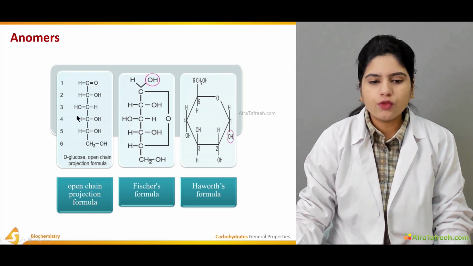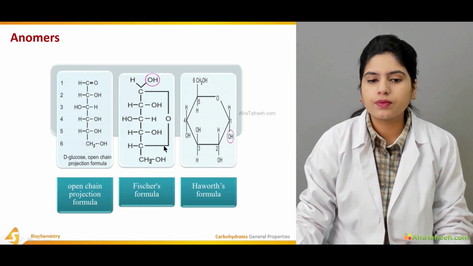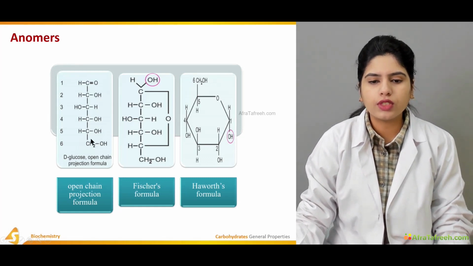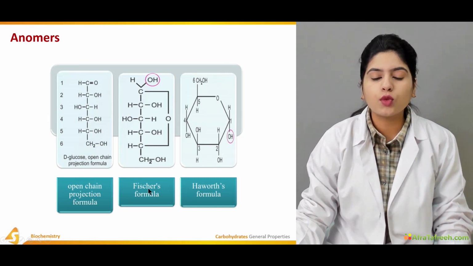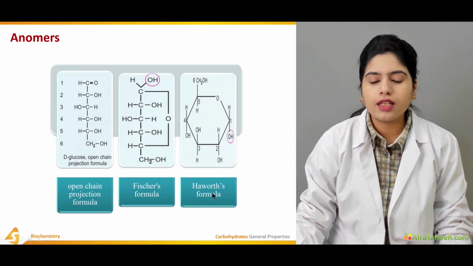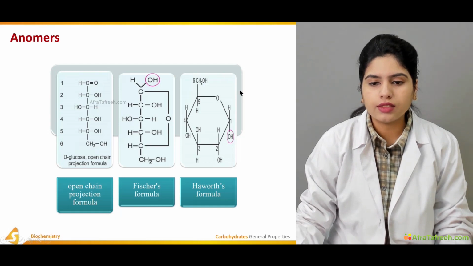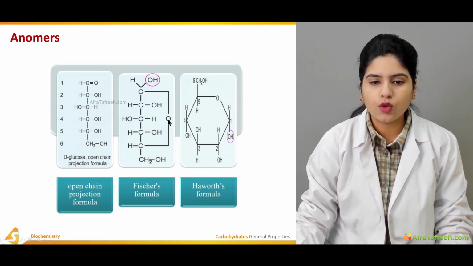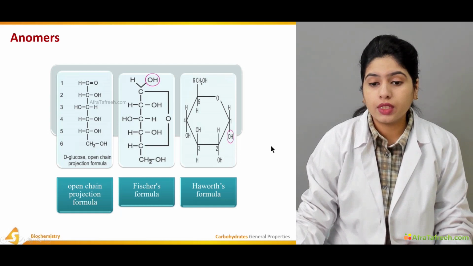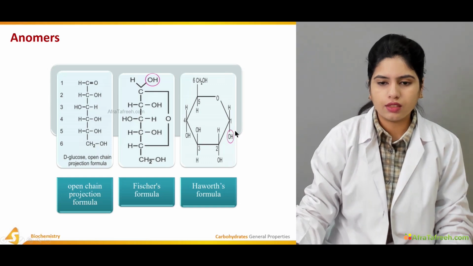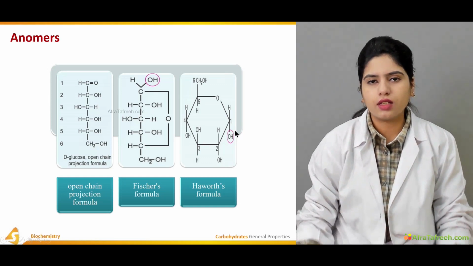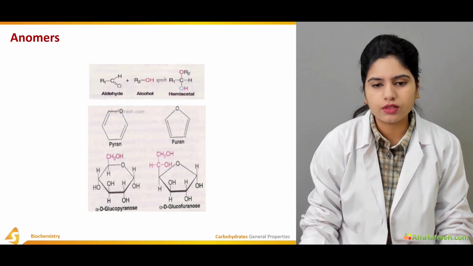This is the open chain formula of the carbohydrates that we usually write, and this is the Fischer projection or the Fischer formula, and this is the Haworth formula that is actually the cyclic form of the carbohydrate formula. Because of this anomeric carbon, the carbohydrates form the anomers.